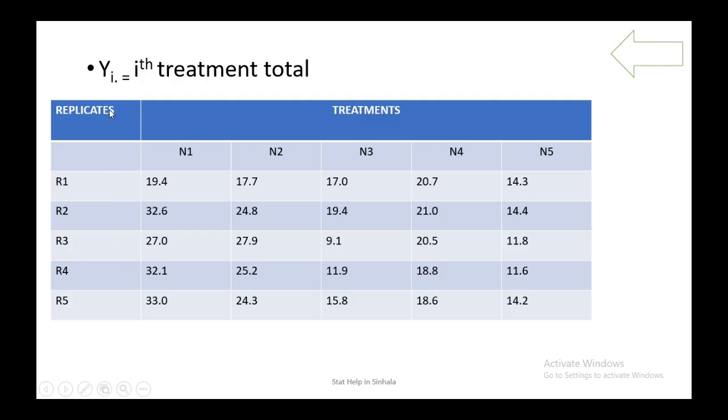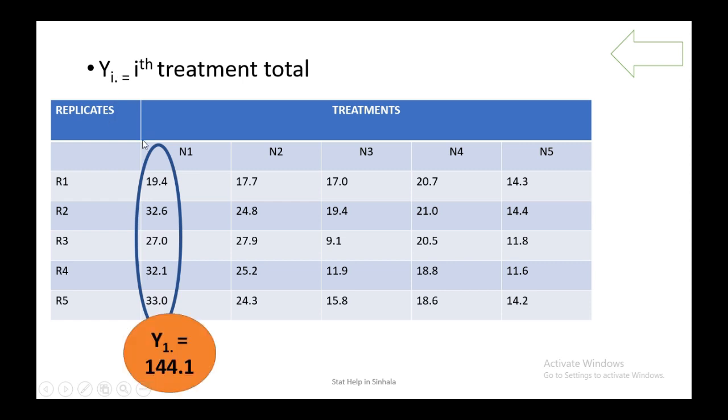Yi dot means the total of the ith treatment. If we consider this one, the total of this means Y1 dot, the total of the first treatment, the total of the N1 fertilizer, that is 144.1.